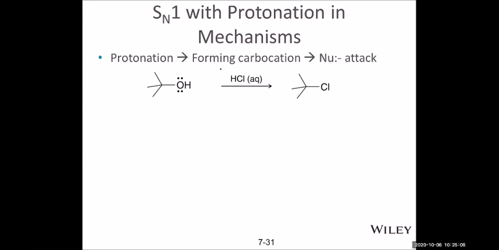So for a reaction with protonation, such as the alcohol becoming a halide, the alcohol is not a good leaving group, but with the acid, the first step is that it is protonated by the acid.